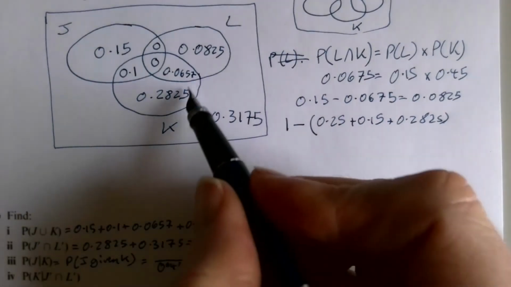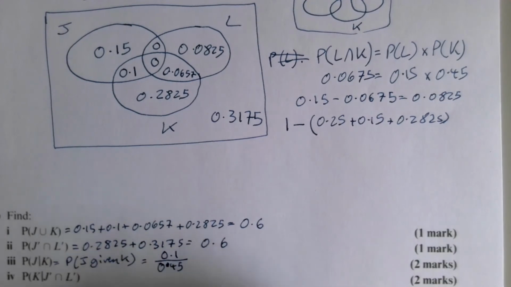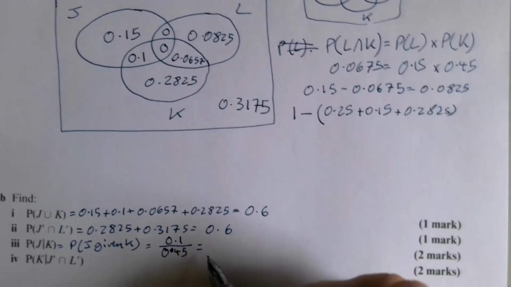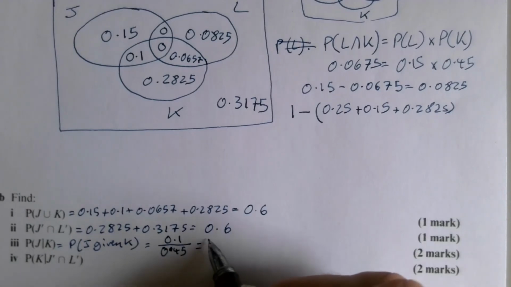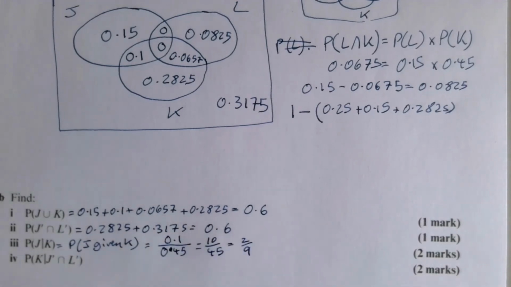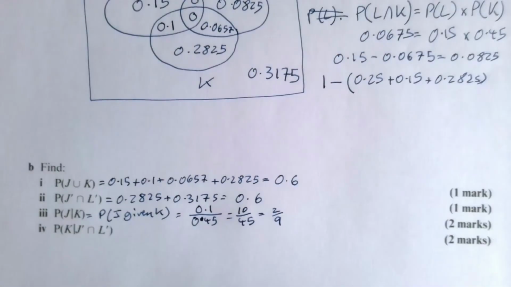And given that it's in K, the chance of it being in J is 0.1. Now that's a fraction. You can stick it into your calculator, or you can have a little bit of fun by timesing everything by 100 to get you 10 over 45, divide by 5 to give you 2/9. So 2/9 or 0.2 recurring.